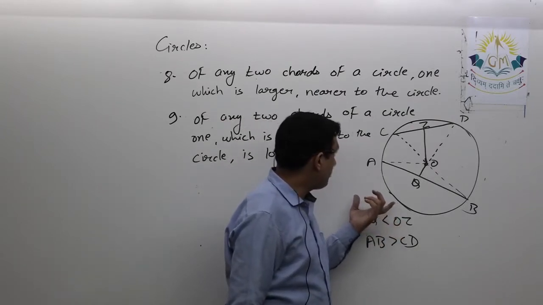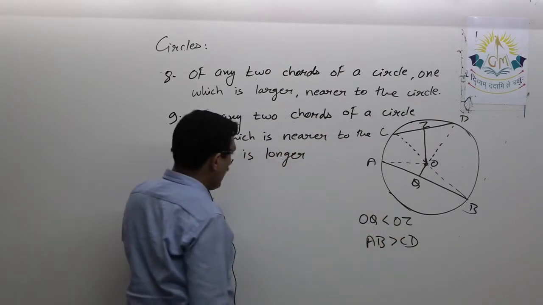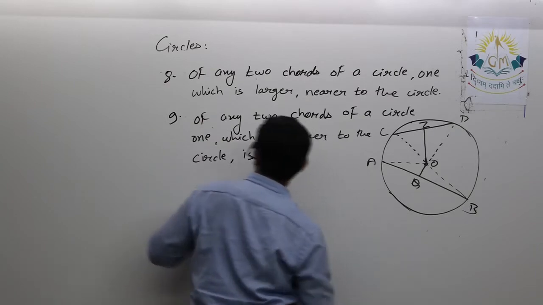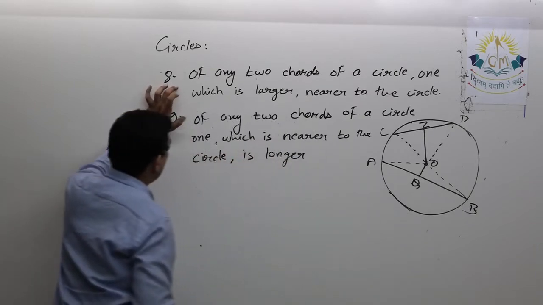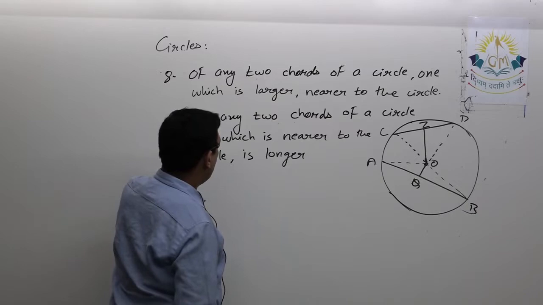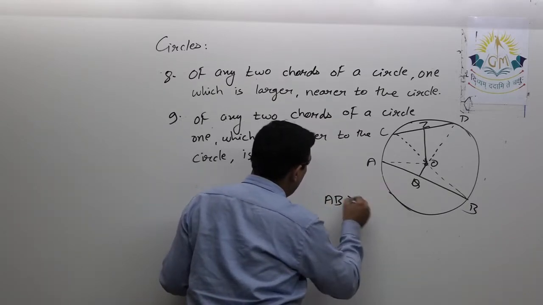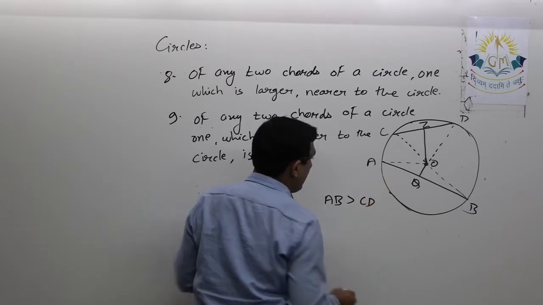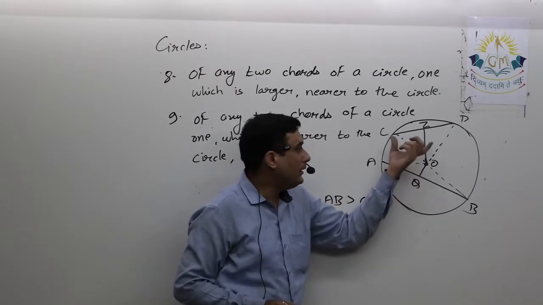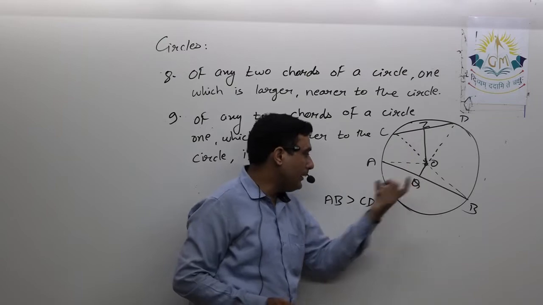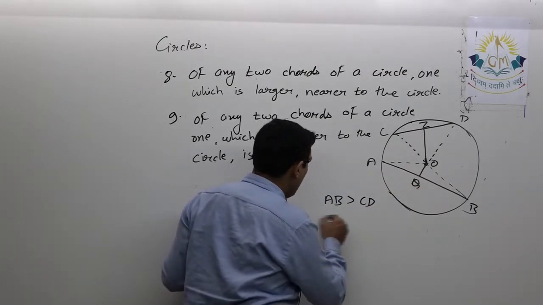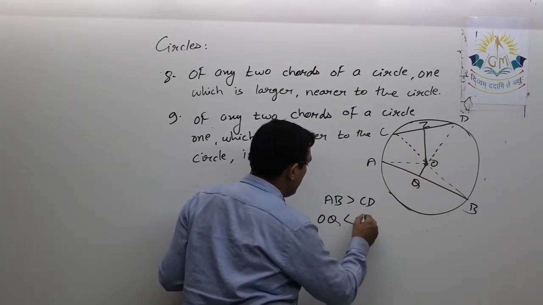Again we'll see. The eighth one says of any two chords, the one which is larger is nearer. So here, if AB is greater than CD, as AB is longer than CD, that means AB is nearer, so OQ is less than OZ.